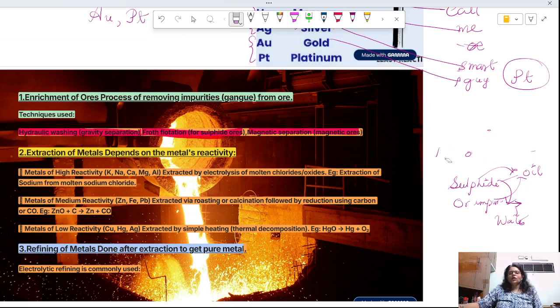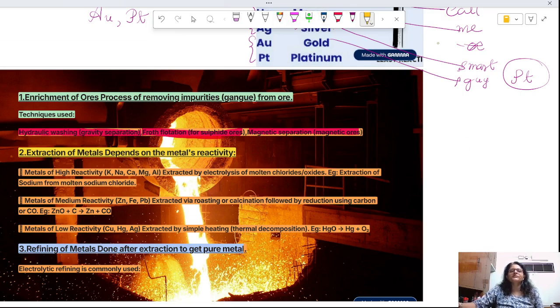Okay. Now, extraction of metals, I already said, depends upon the metals' reactivity. So for highly reactive metals, as mentioned over here, like potassium, sodium, calcium, magnesium, and aluminium, what method is used?